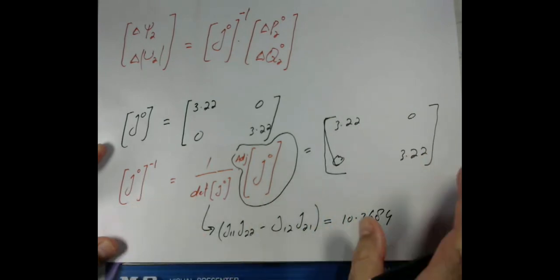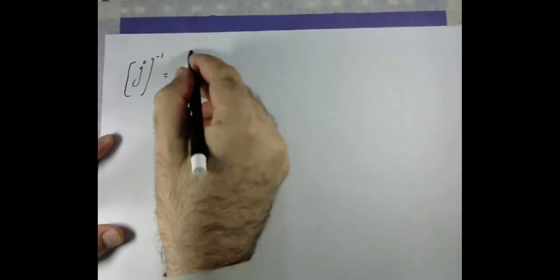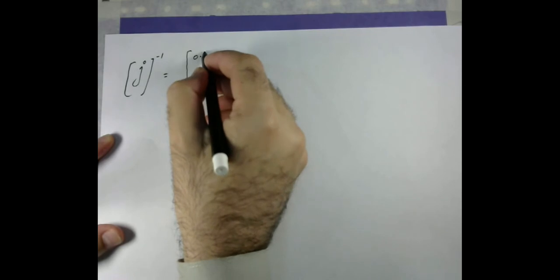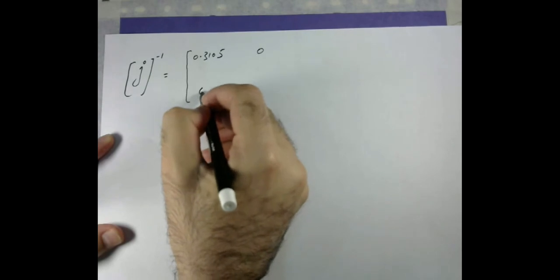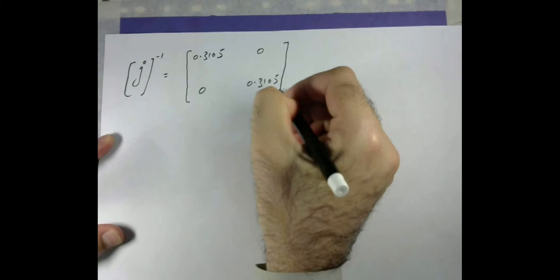So now, for the inverse of the Jacobian matrix, let me write it directly rather than going through the calculations, because you know this quite well. The final matrix will be 0.3105 and 0.3105, as these two entries were equal.